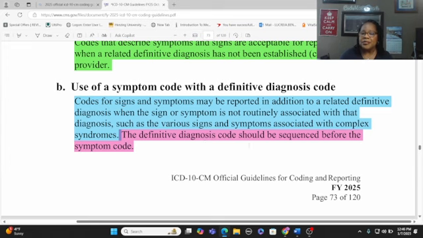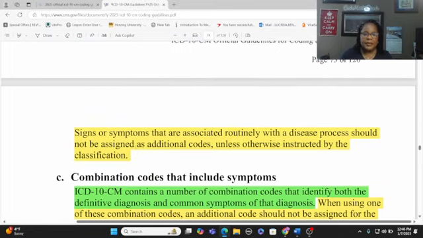The definitive diagnosis code should be sequenced before the symptom code. It says signs or symptoms that are associated routinely with a disease process should not be assigned as additional codes unless otherwise instructed by the classification.